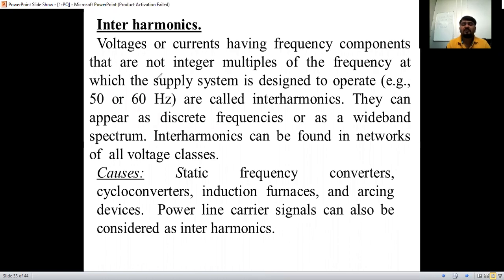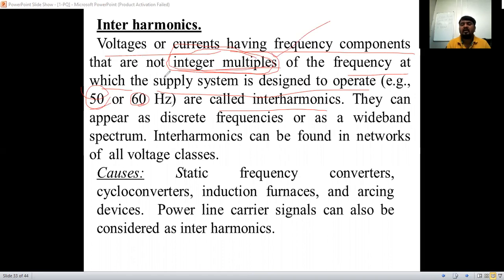Here the voltages or currents have a frequency component that is not an integer multiple of the frequency at which the supply system is designed to operate, that is 50 or 60 hertz. The frequency will be the same, but some non-integer components will be produced, that is called interharmonics. If they are integer multiples, then that is called only harmonics.